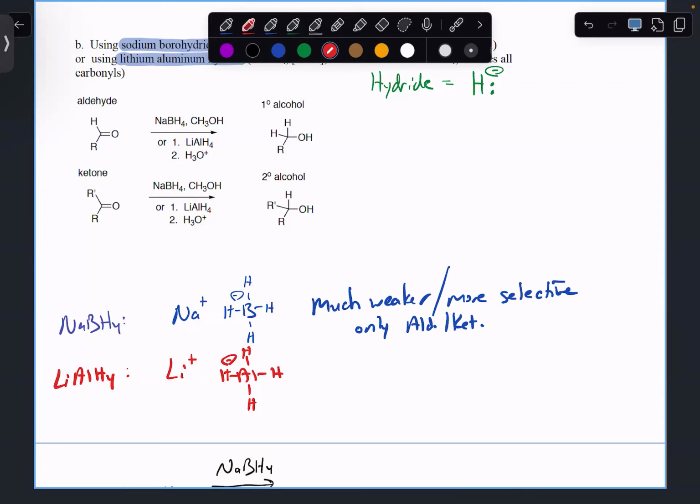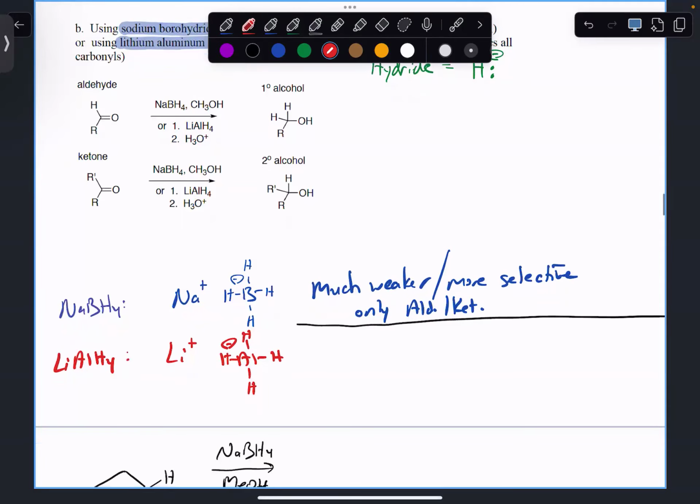LAH is a much, much stronger reducing agent. LAH is so strong, LAH will effectively reduce anything with a carbonyl.